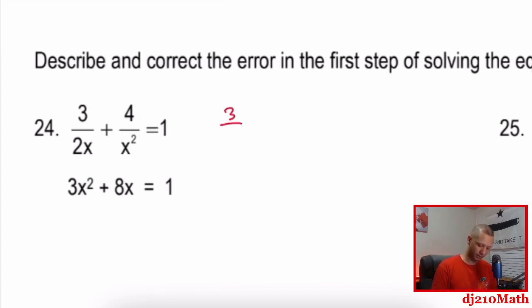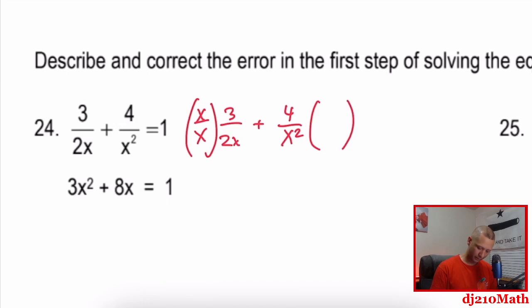So this would have been 2x plus 4x squared. So then this would have been x over x. This would have been 2 over 2. So then 3x over 2x squared plus 8 over 2x squared.